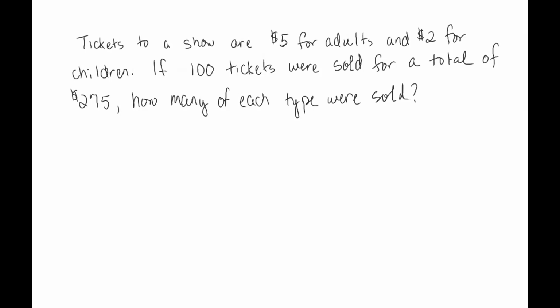So this is a problem that we could actually do back in the earlier chapter where we had just one variable, but it turns out that it's a little easier to set up with two variables. So that's what we're going to do. We're going to start by assigning our two variables. We'll let X equal the number of adult tickets, and we'll let Y equal the number of child tickets.